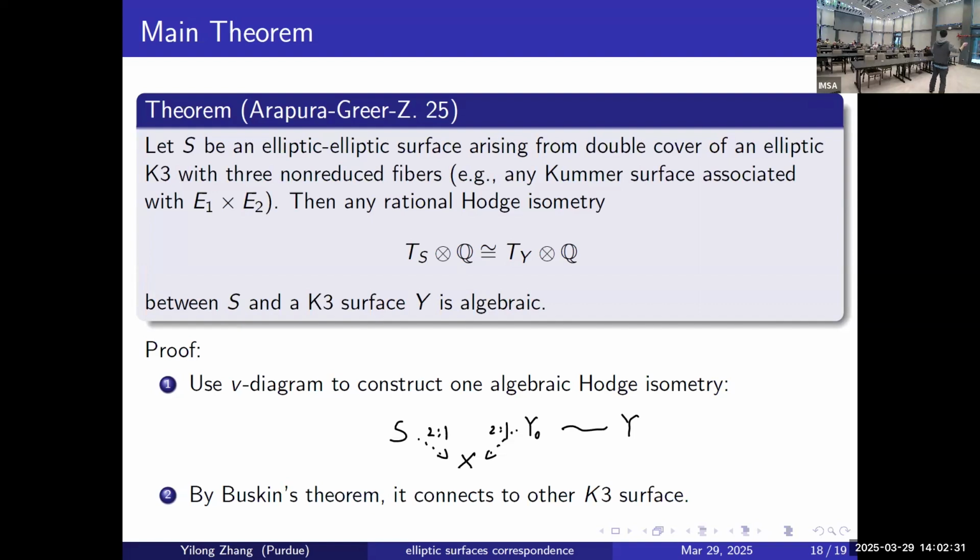And then the Bosting theorem tells you that any rational Hodge isometry with a K3 surface is already algebraic. And then we have to check the details. The algebraic cycle we are constructing is really the fiber product of this V diagram.